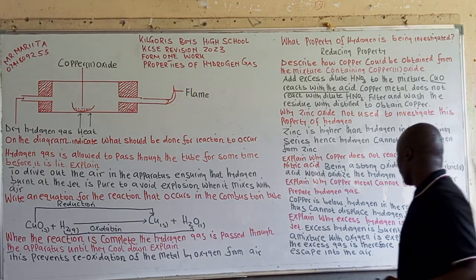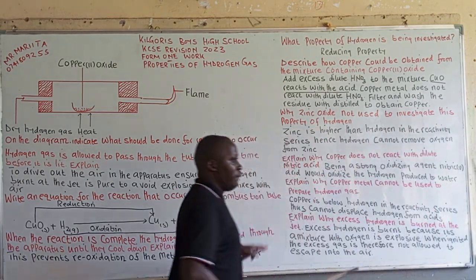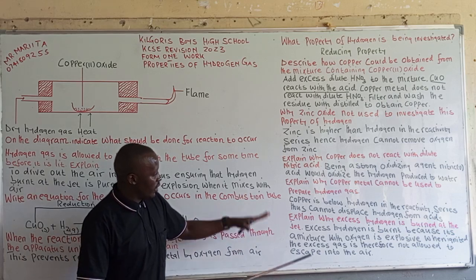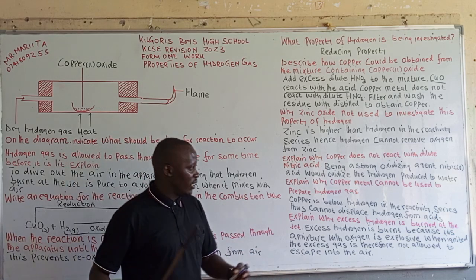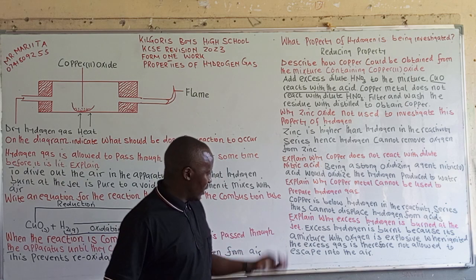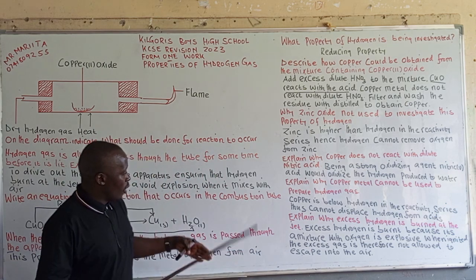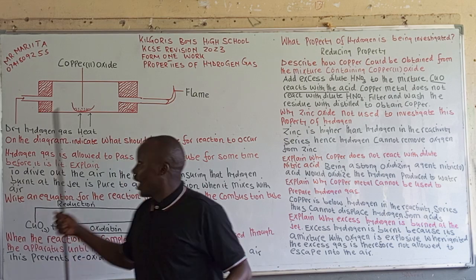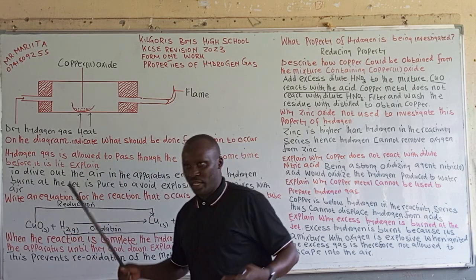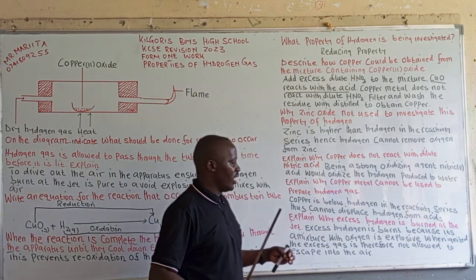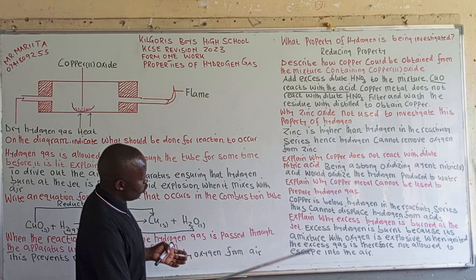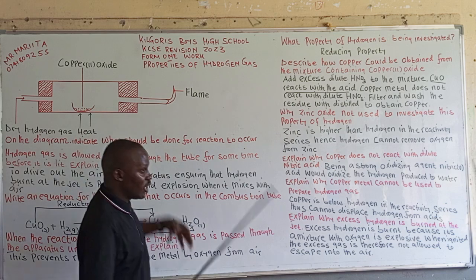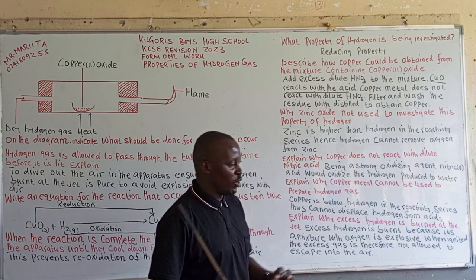Excess hydrogen is burned at the jet because its mixture with air is explosive when ignited. Therefore, allowing this excess hydrogen to escape into the atmosphere is very dangerous. So what you are supposed to do is burn it at the jet to avoid explosion with oxygen.